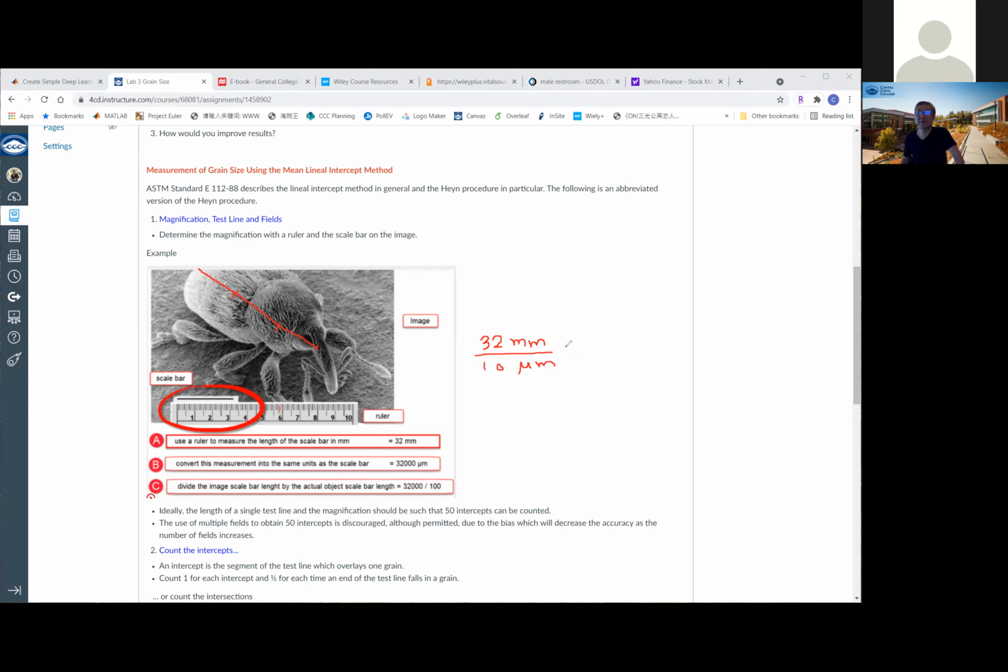Then what is the magnification? The magnification is going to be the ratio of these two, so you have to do some conversion. This is 10 to the negative 3, and this is 10 to the negative 6. So it's going to be 3.2 times 10 to the third. That is this much magnification. That's how you determine the first number in your lab. Any questions about this?